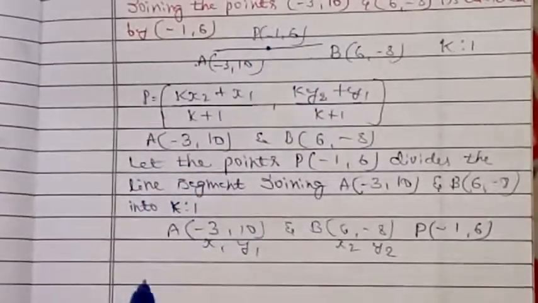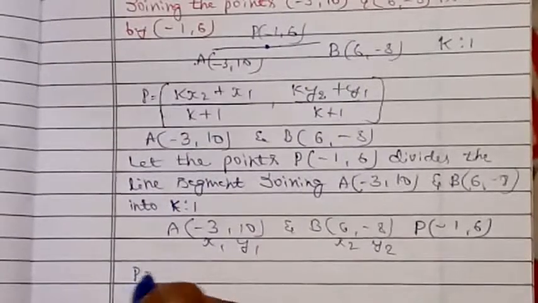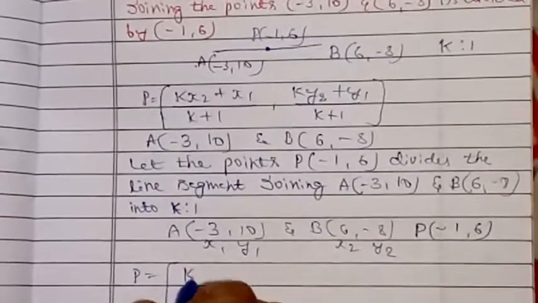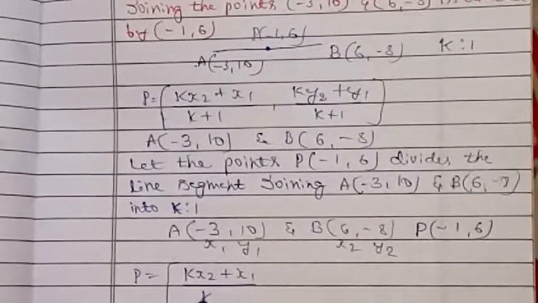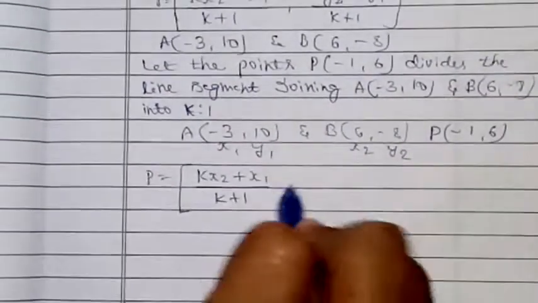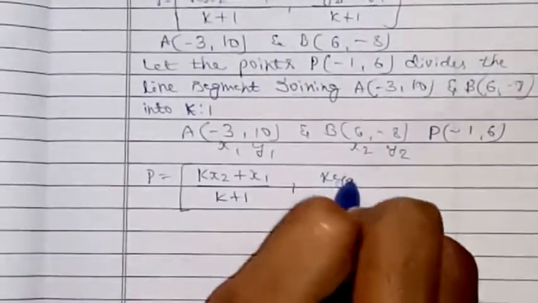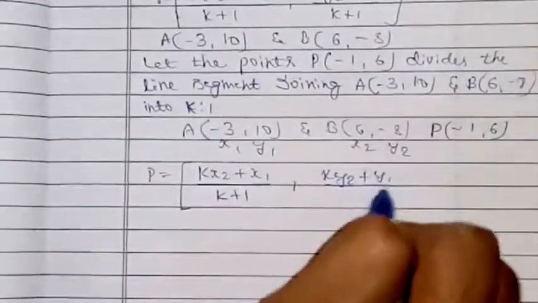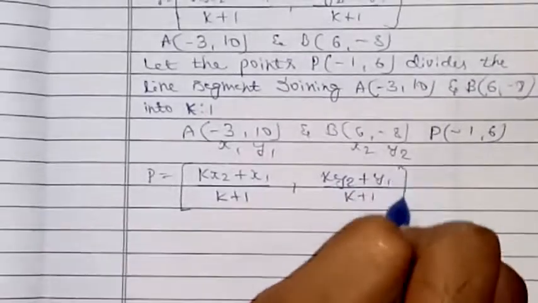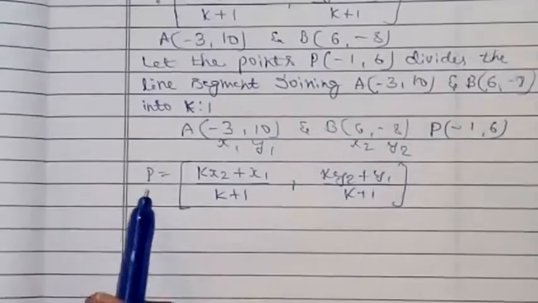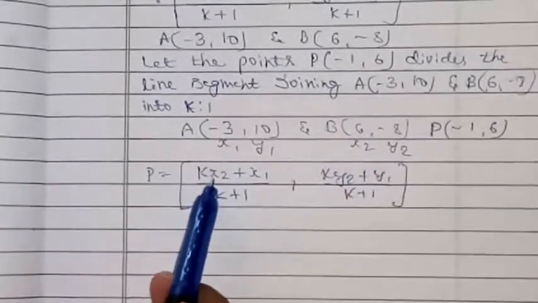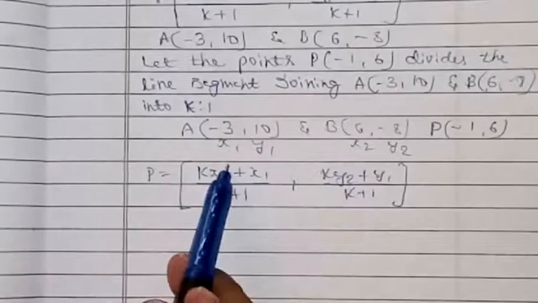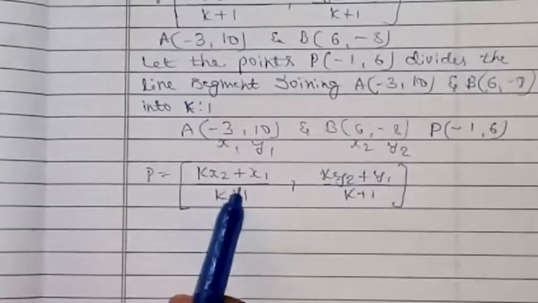Now I'll write the formula again: P equals (kx2 plus x1) divided by (k plus 1), comma, (ky2 plus y1) divided by (k plus 1). Just observe the formula here: you have the P coordinates and the values x1, x2, y1 and y2, and you just need to find the ratio.